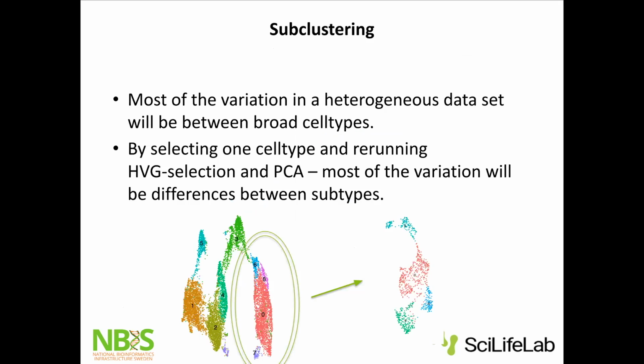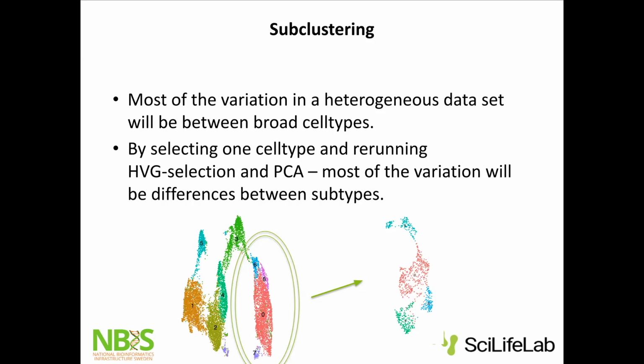And also something that's really good to consider is to do subclustering. Once you have all your cells together from a tissue and you've done your clustering, it's a good idea to take one subtype of cells and rerun all the steps we've been doing. Because when we take all data, we select variable genes, we run PCA.